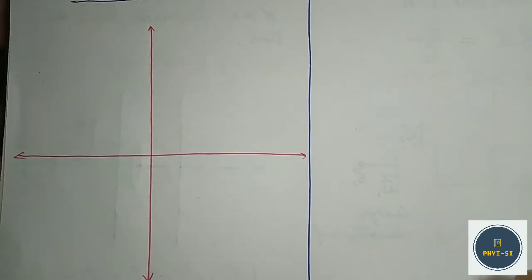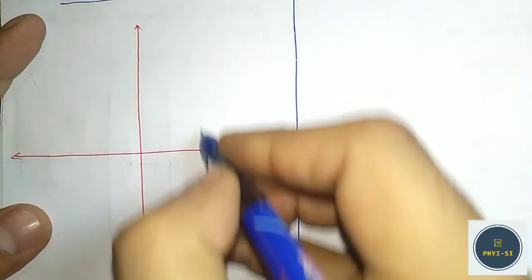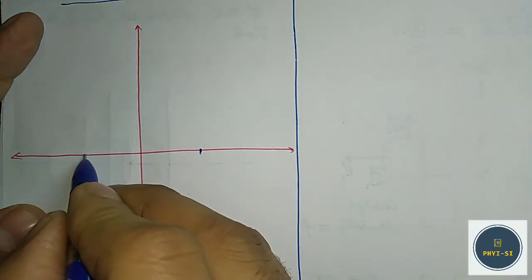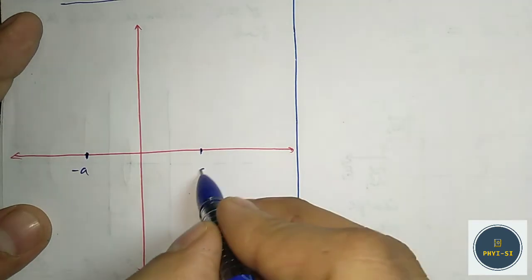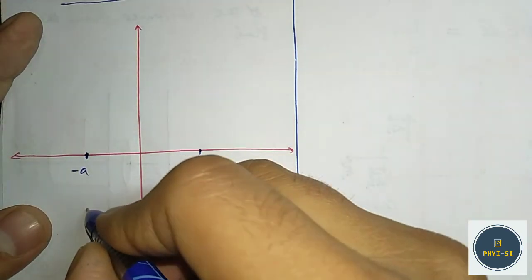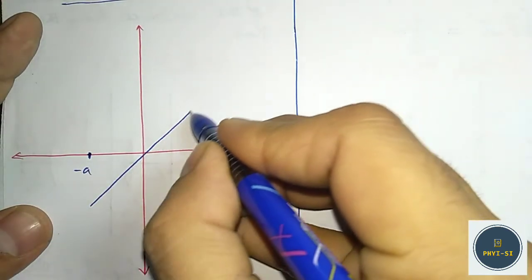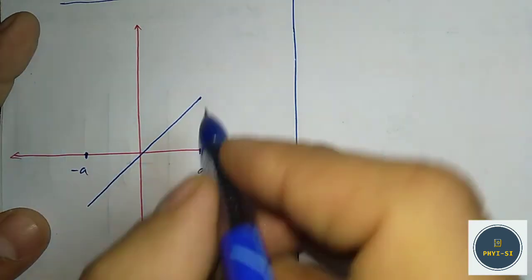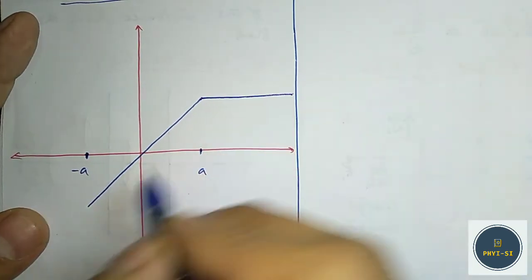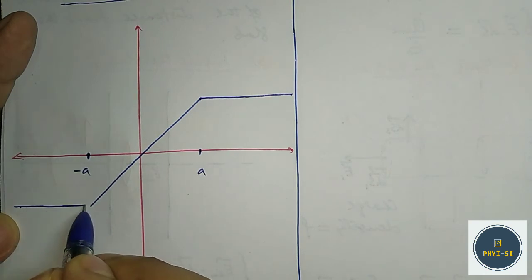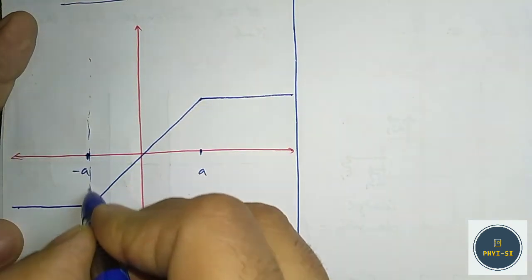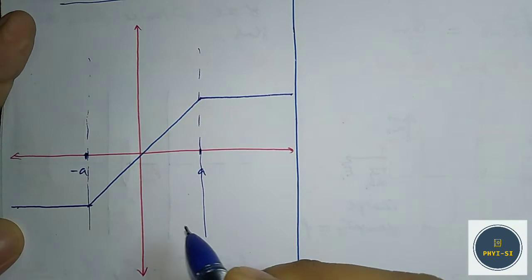Let's say this is A, this is minus A. The electric field goes like this, and then outside it becomes constant.